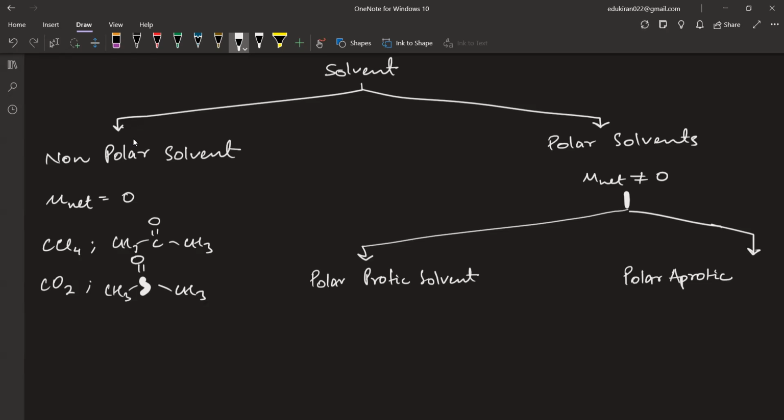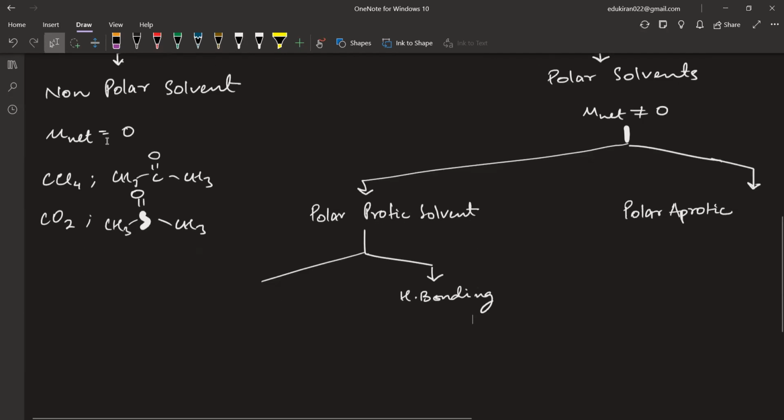Now, the polar protic solvent, the one that you have to remember is the one which has hydrogen bonding. That means it has hydrogen directly connected to fluorine, oxygen, or nitrogen.